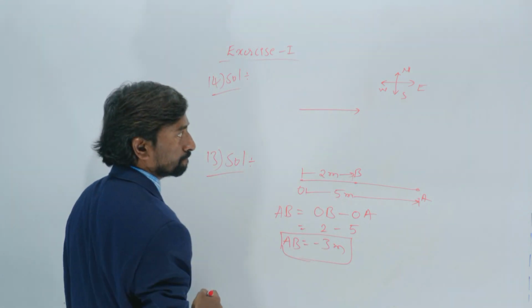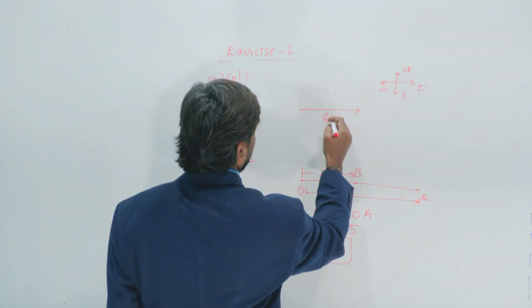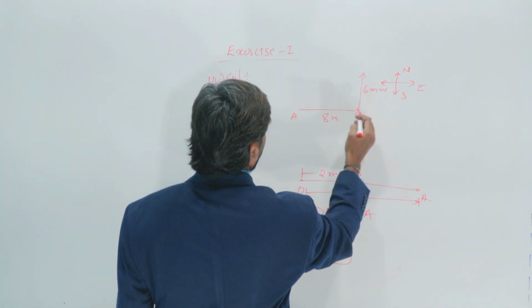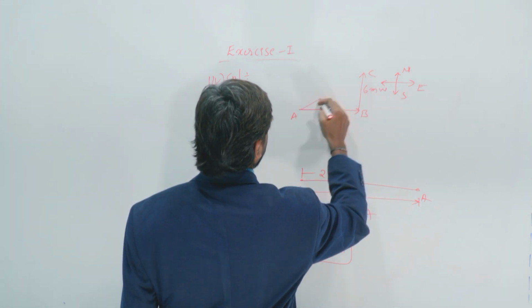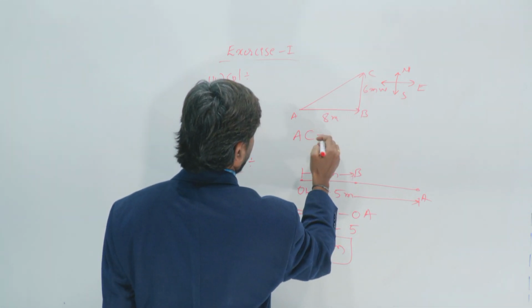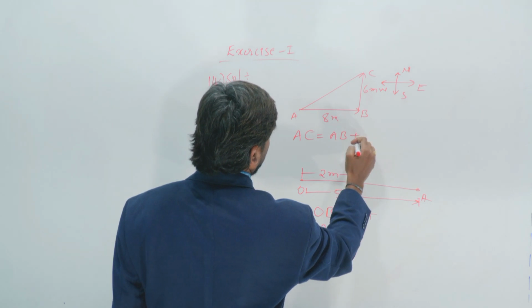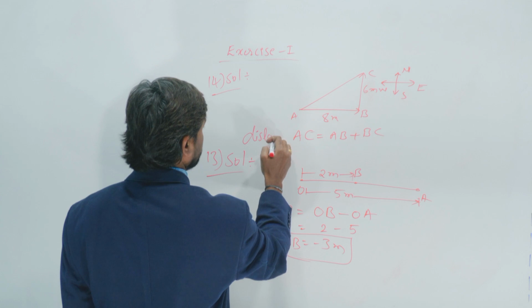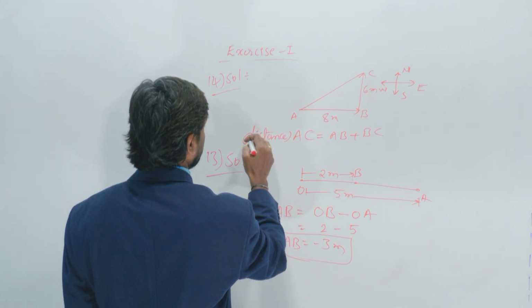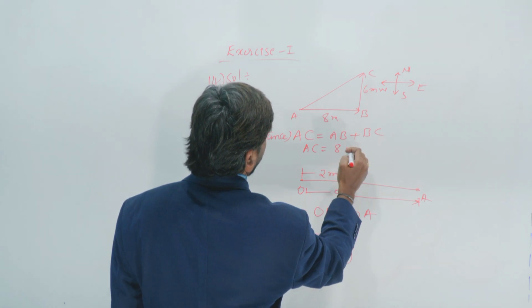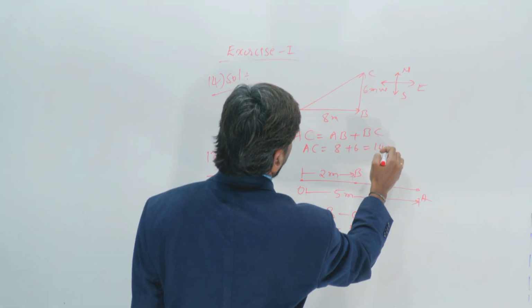So we can write here, this is 8 meters east and from here north is 6 meters. Consider this A, B and C. AC will be the distance: AB plus BC. So AC is equal to 8 meters plus 6, we get 14 meters.